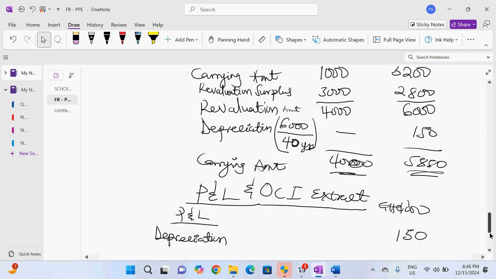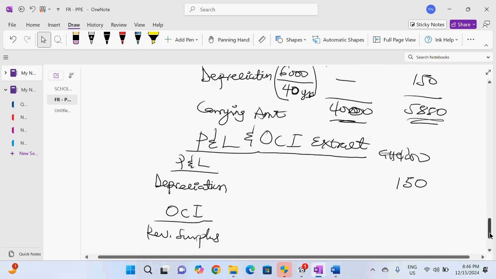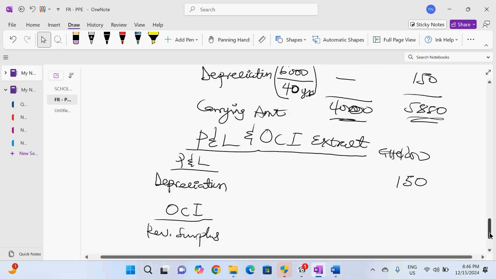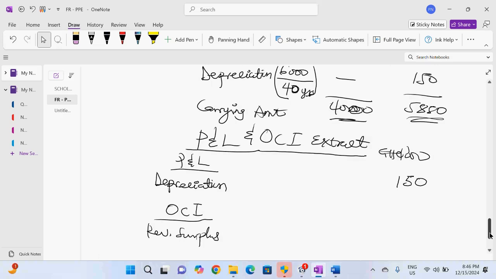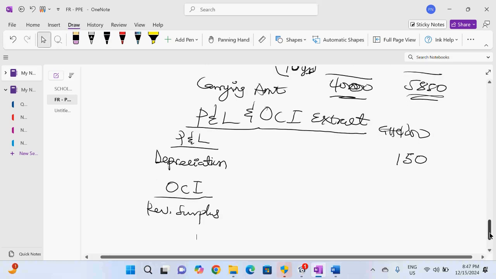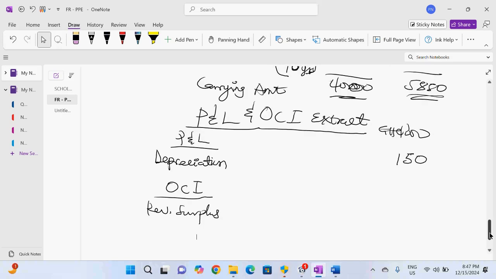You see that if the surplus relates to a particular asset, you offset A to A, B to B. So from that, what do you think we should do? We should write them separately.